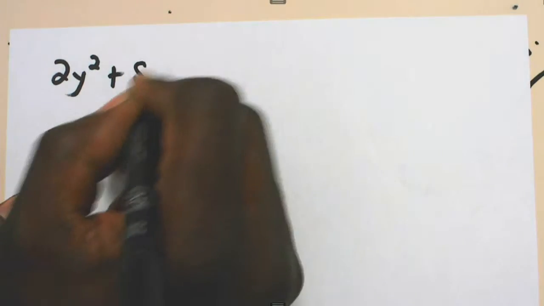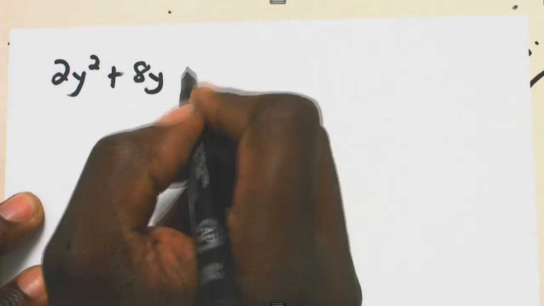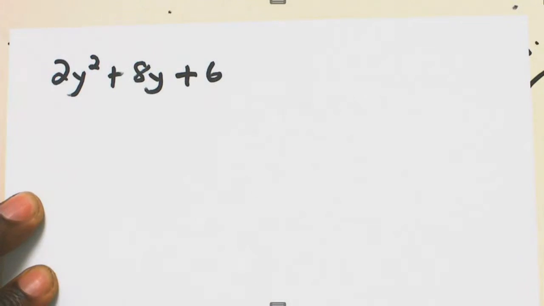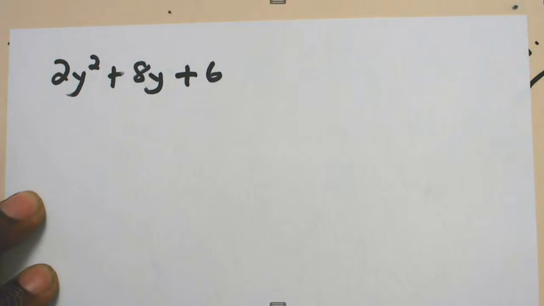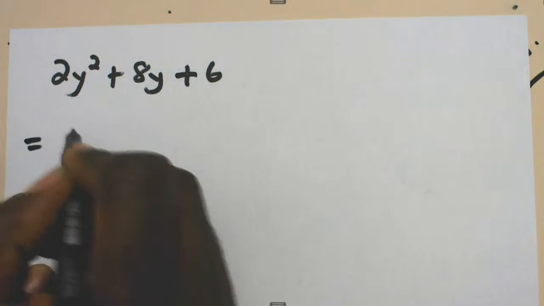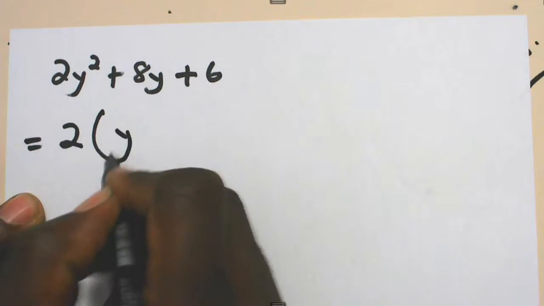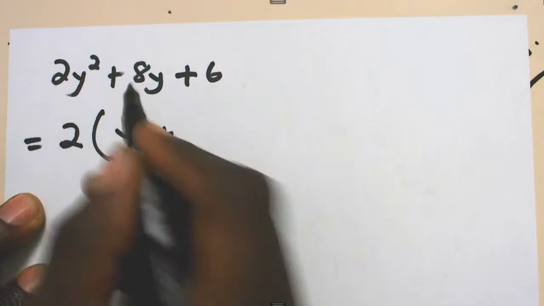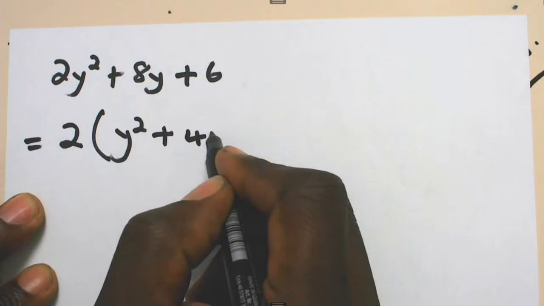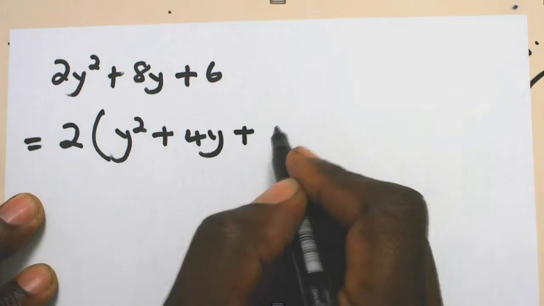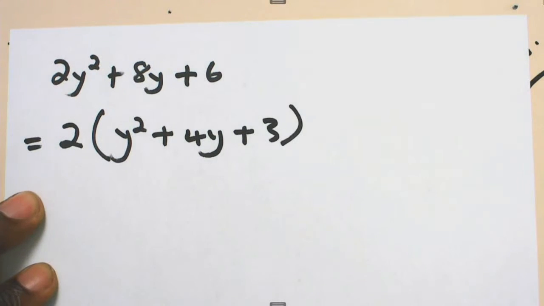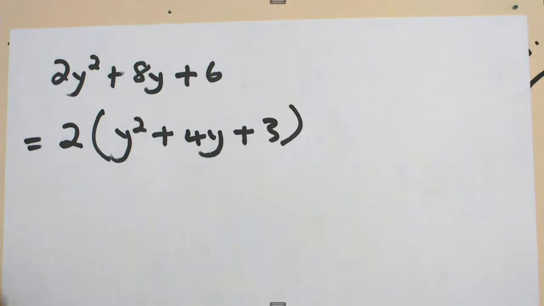We have 2y squared plus 8y plus 6. Remember I said you must take out a common factor, which is 2. Out of this, it is 2 into y squared plus 4y plus 3. Then we can have the factors inside the bracket.